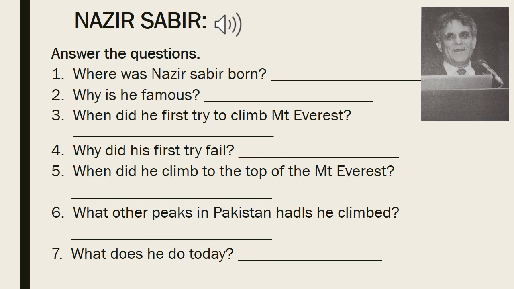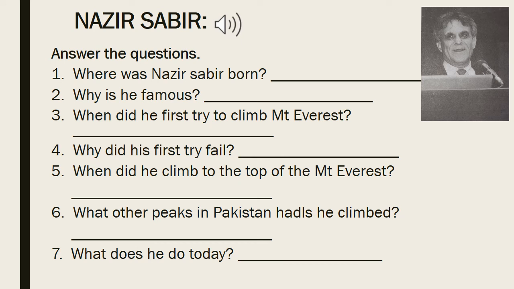The first time was in 1997, but because of strong snowstorms, blizzards means snowstorms, he and his team stopped because snow sliding may begin. But then again in 2000 they tried to climb Mount Everest, and they succeeded, and they reached the top on 17th May.